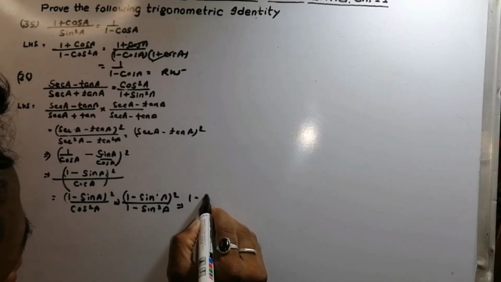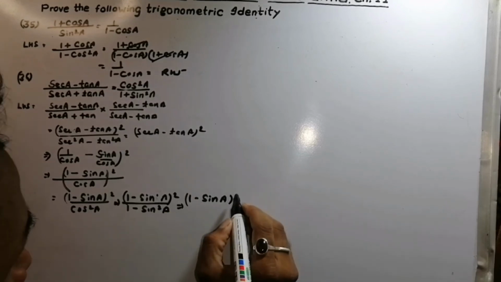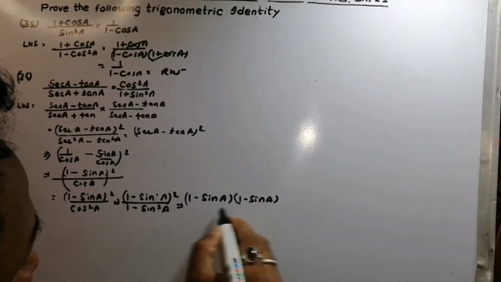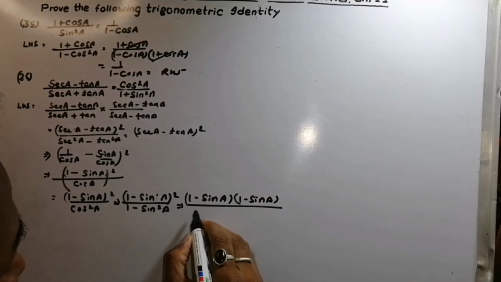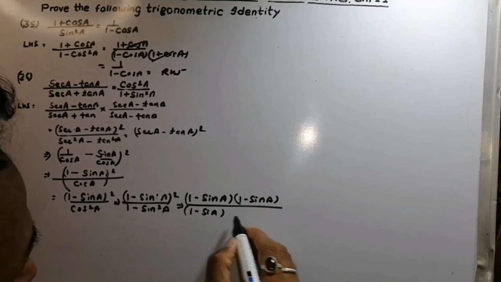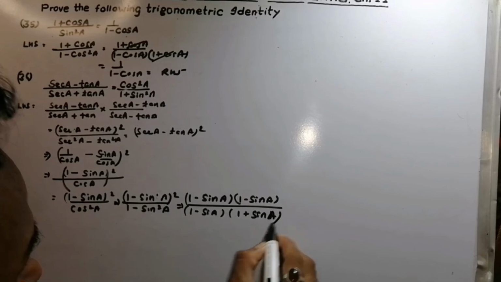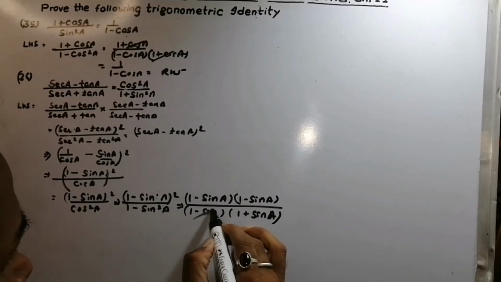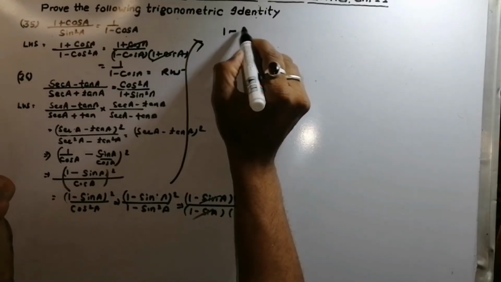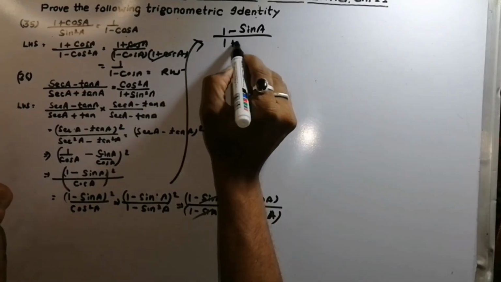In place of 1 minus sin a whole square, we can write 1 minus sin a into once again 1 minus sin a, and 1 minus sin square a, we can write 1 minus sin a and 1 plus sin a. 1 minus sin a divided by 1 minus sin a, so we get here 1 minus sin a upon 1 plus sin a.